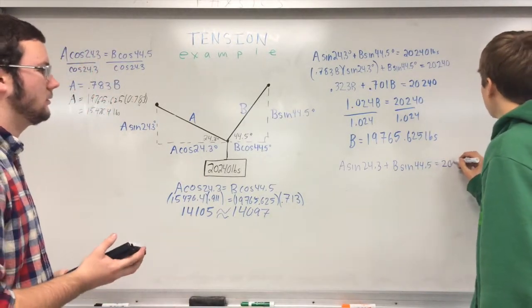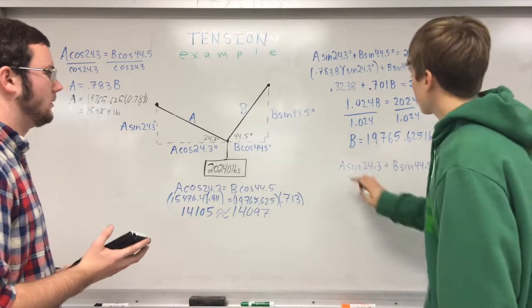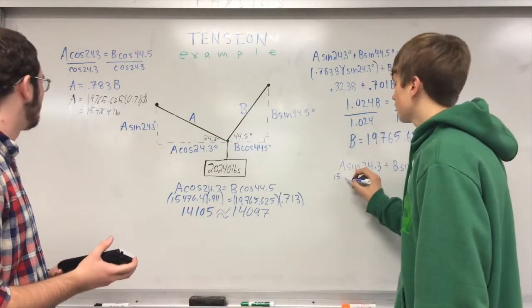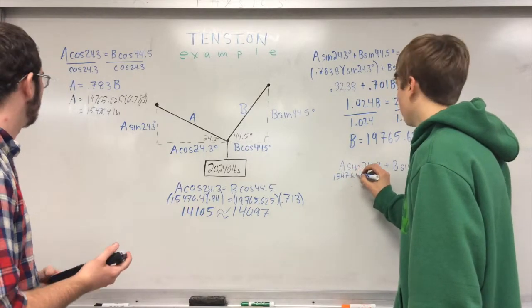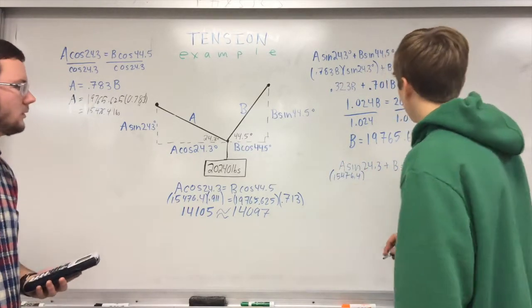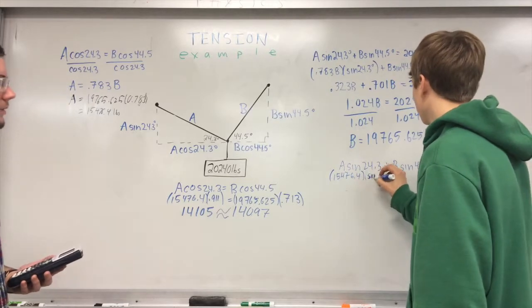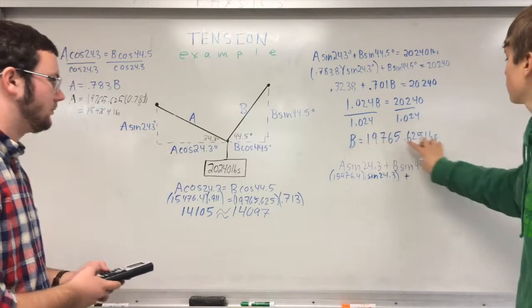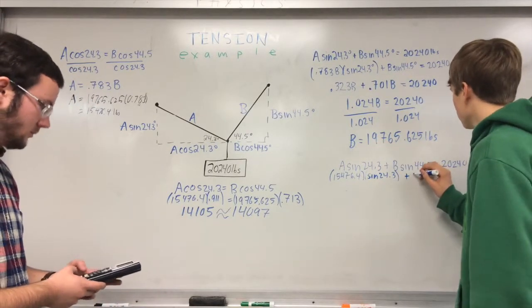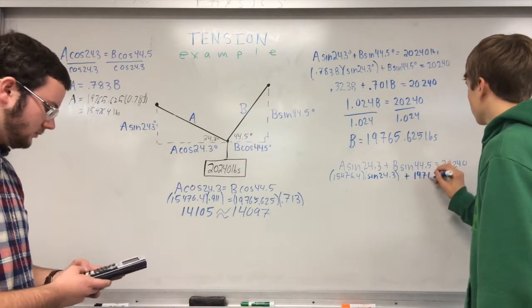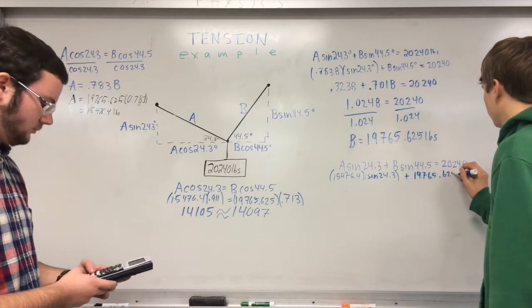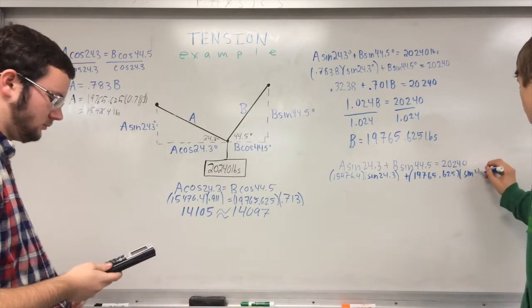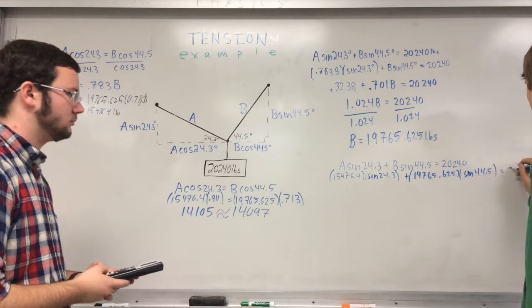So just bringing this equation down, we can take our A value, which is 15,476.4, multiply that by sine of 24.3, add B, our B value, given from our calculations, 19,765.625, times the sine of 44.5.